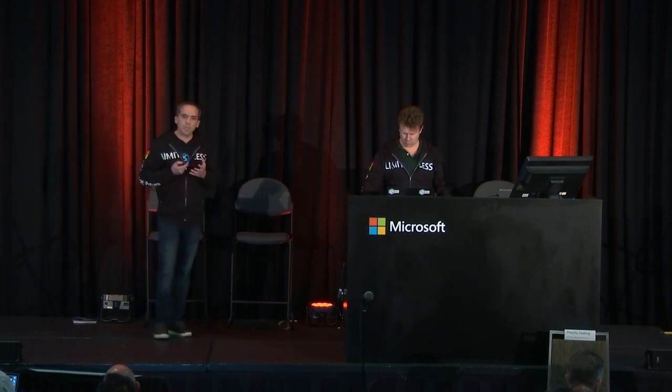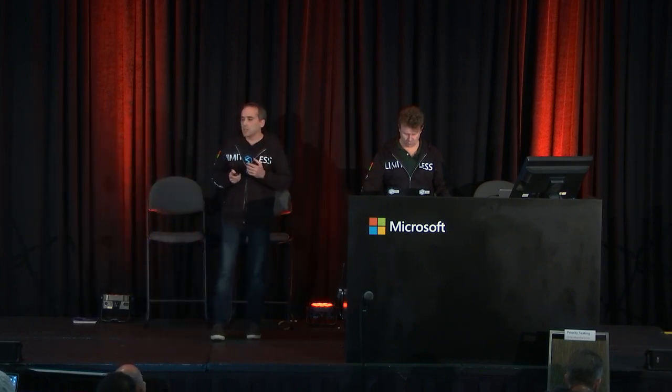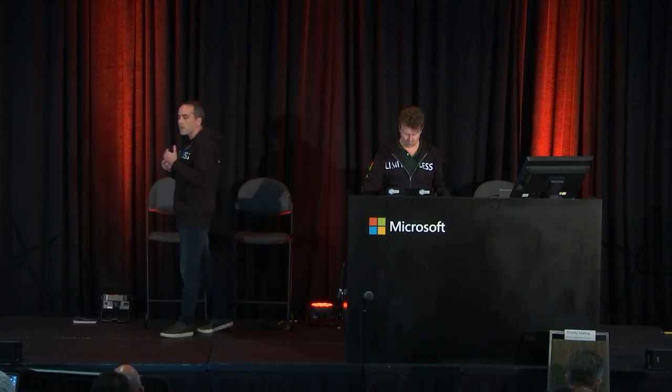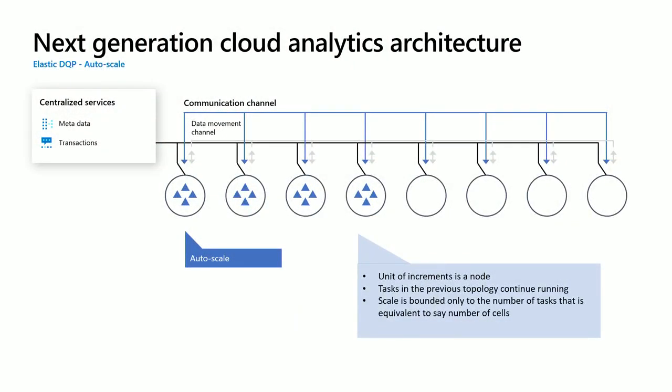The distributed query processor in such a case will be able to instruct the underlying fabric to add more compute to the compute topology, such that we can accommodate those peaks in the workload. And we do that as queries run, such that the new queries or the new query tasks can be offloaded across the new topology that we got, and the previous queries continue running on the topology where they were already allocated. Now, for the sake of simplicity in the example, we just double the size of the topology, but the unit of increment can be just 1 node.